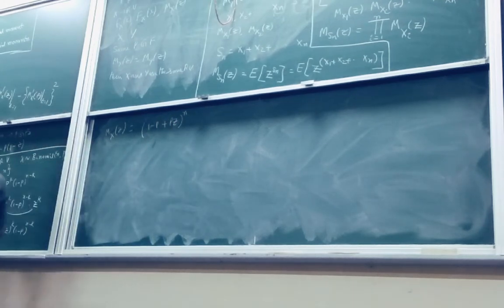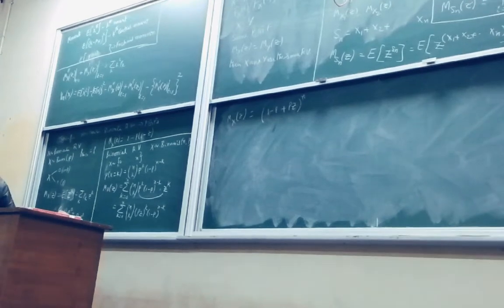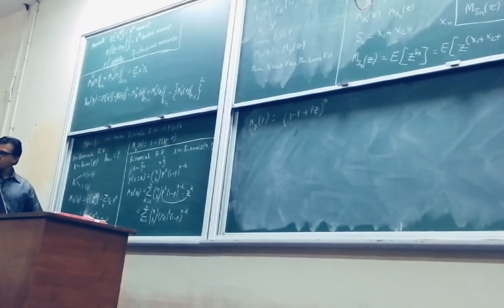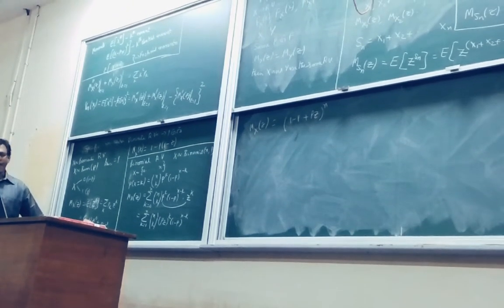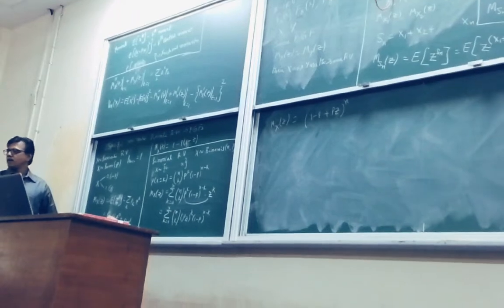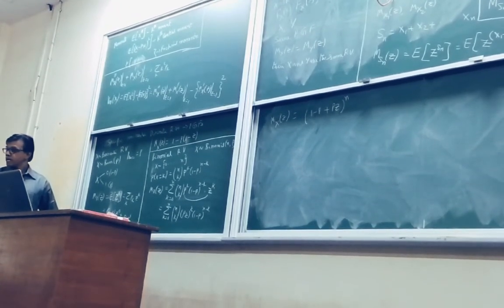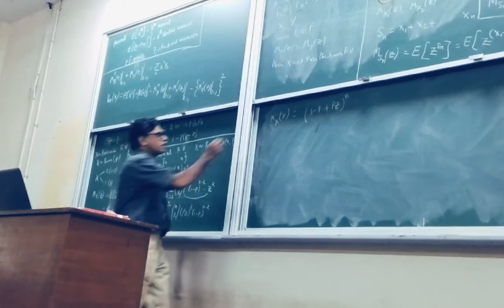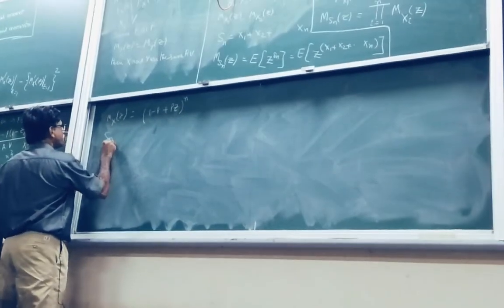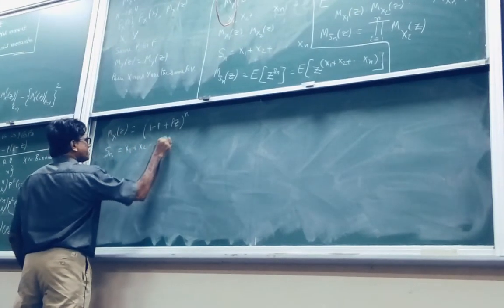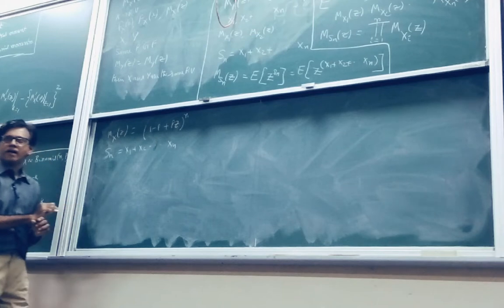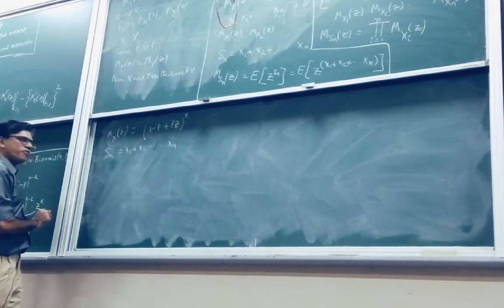See, for a Bernoulli random variable, the PGF is 1 minus p plus pz. For a binomial random variable with n Bernoulli trials, it is the nth power of the PGF of the Bernoulli random variable. It should be obvious, because Sn is equal to x1 plus x2 plus up to xn, where each one is a Bernoulli trial, and therefore its PGF is known.